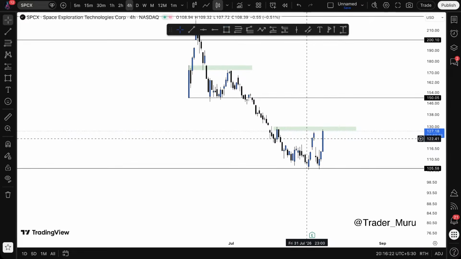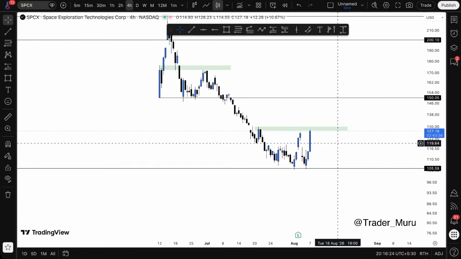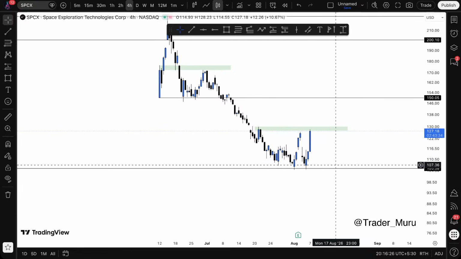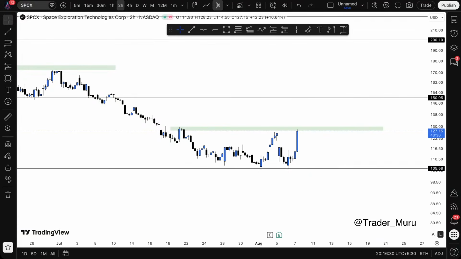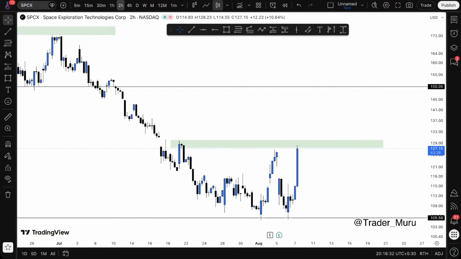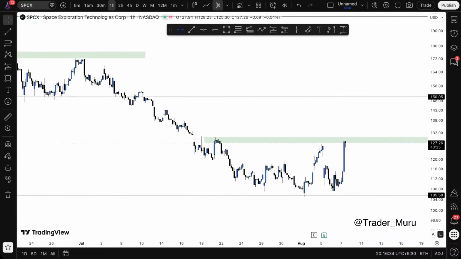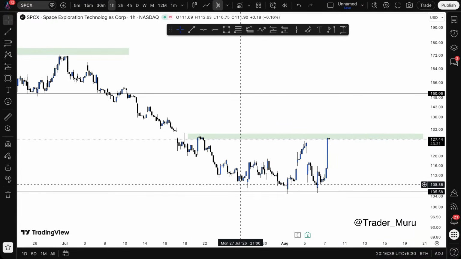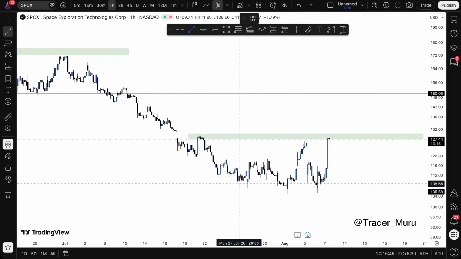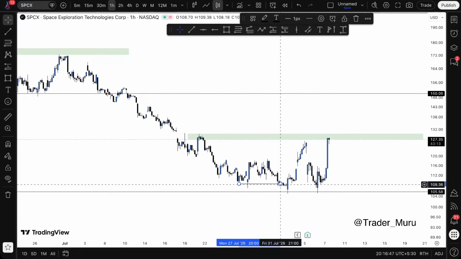Until we break above this high, it is still bearish. Okay. 4 hour, 1 hour is bullish.